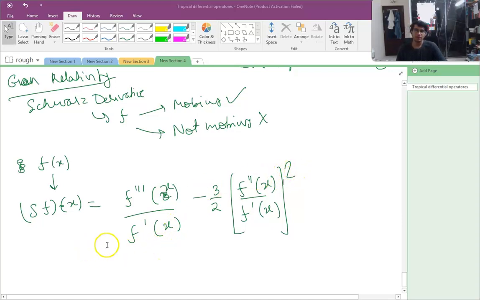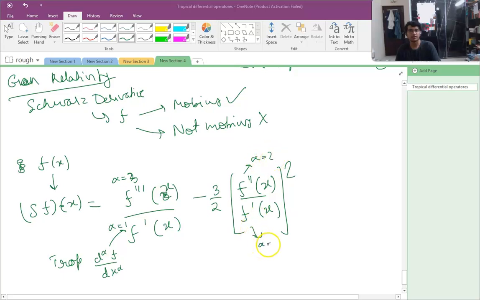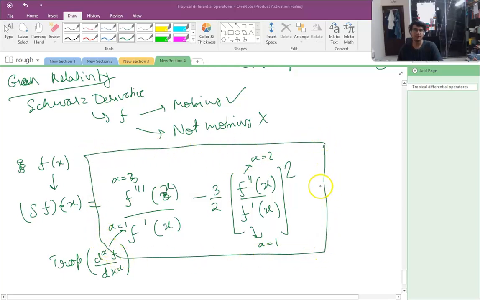Since we have well defined the tropical derivative d^alpha f of x by dx^alpha, all we have to do is put alpha equal to 3 here, alpha equal to 1 here, alpha equal to 2 here, and alpha equal to 1 again, check the tropicalized versions of each of these, and solve this, and we're done.